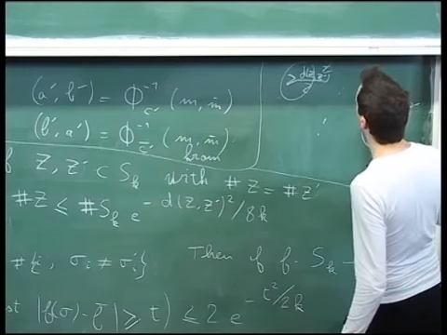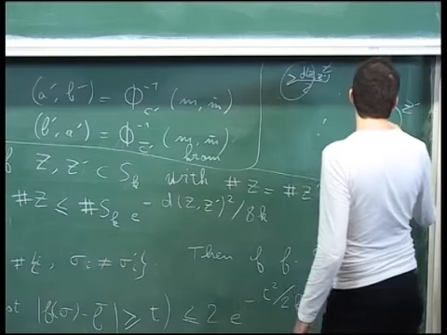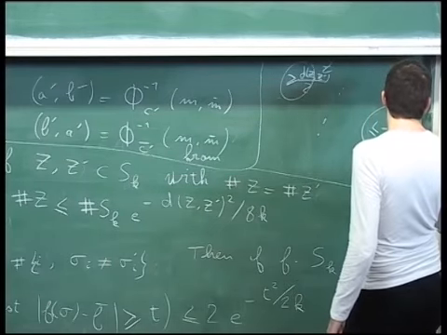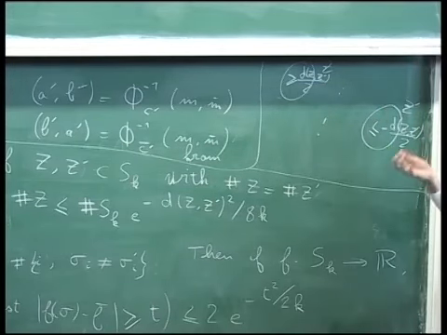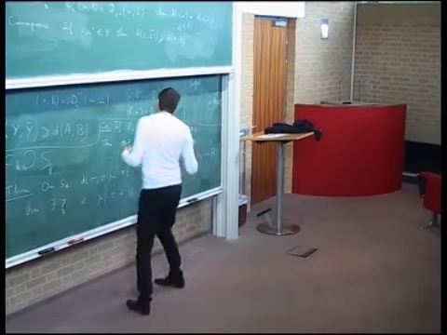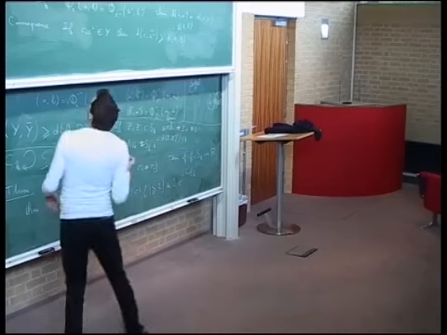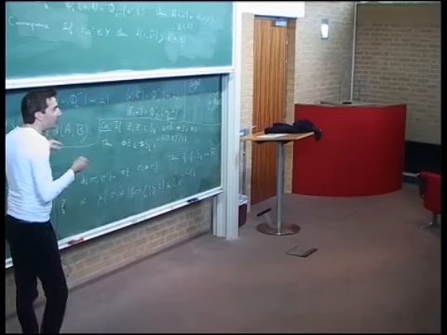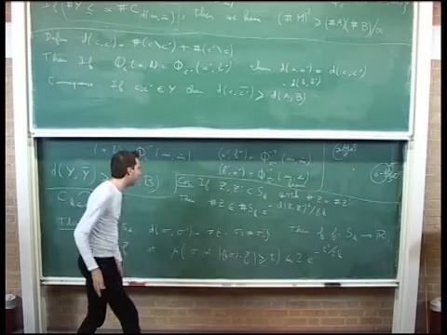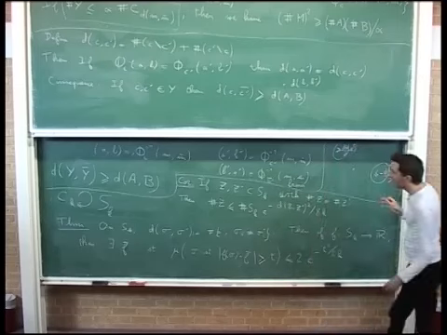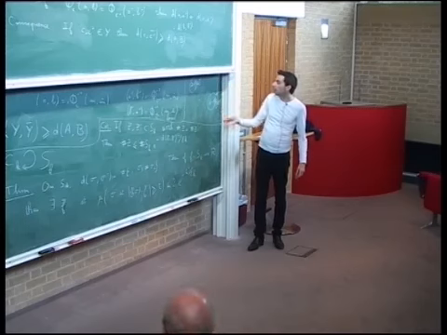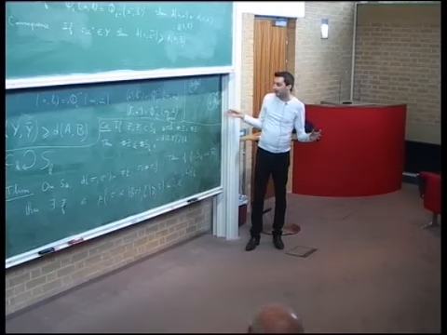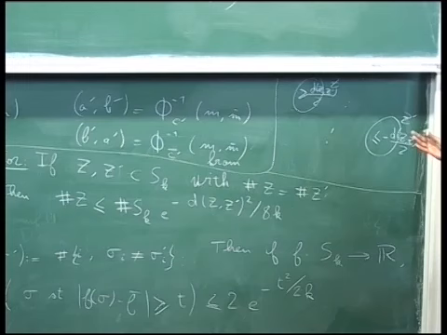It's at most minus dz prime over 2 on z prime, and the average is 0 by symmetry. Well, here there is no symmetry, but I want to apply this with y and y bar, and with y and y bar you have symmetry, so the function is somehow centered. And so you have a Lipschitz function which takes large values on two sets. According to this definition, it means that those sets do not have a very large measure.